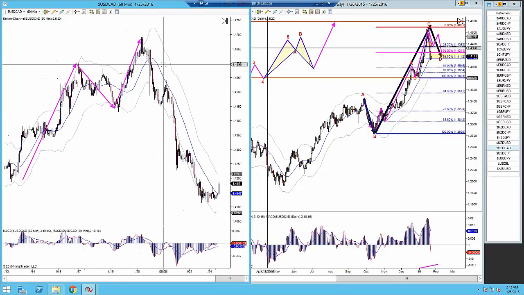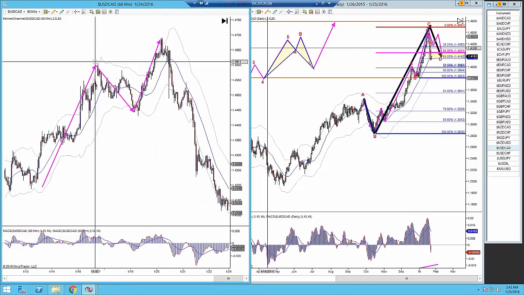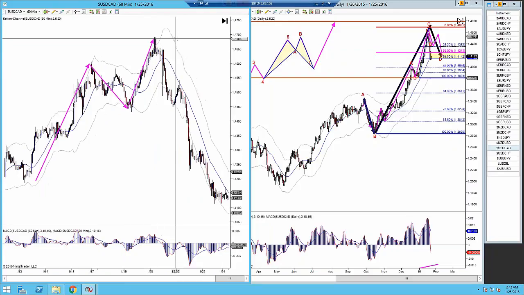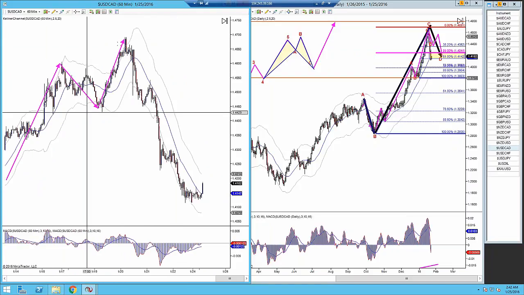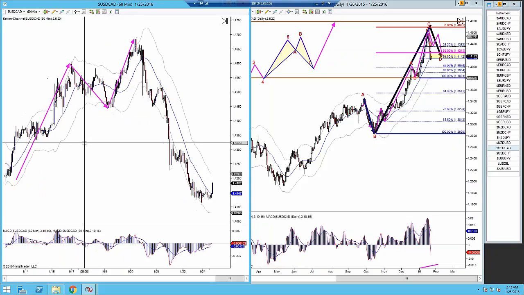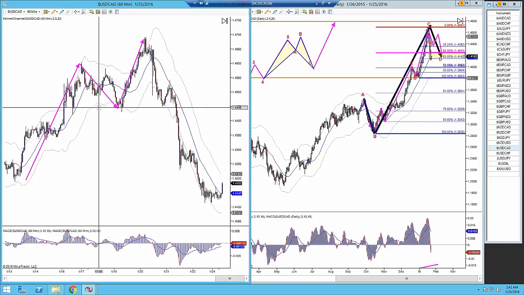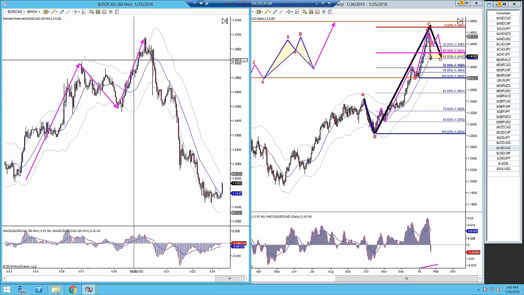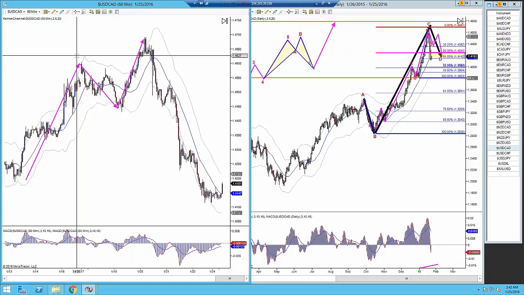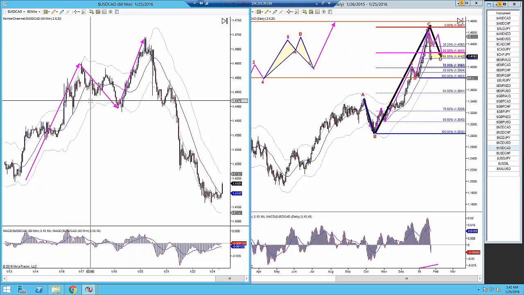But as we talk about, sometimes you need to have a complex ABC after the 5th wave. So the 5th wave ended here, and then you went down, A, B, C, D, up.